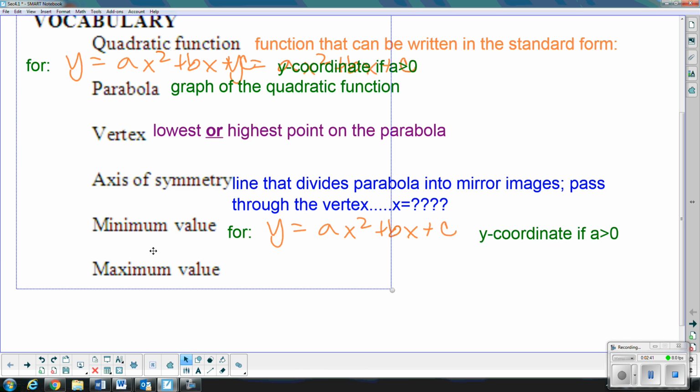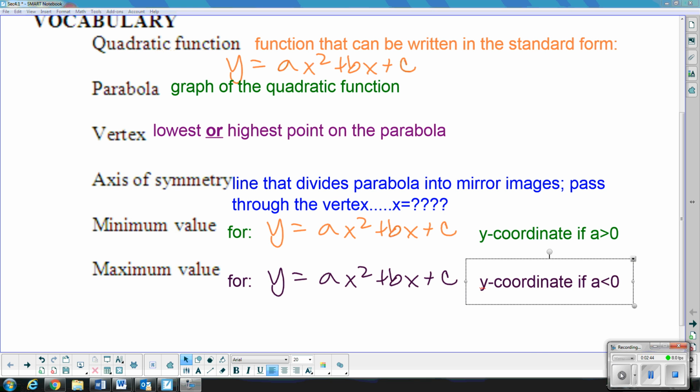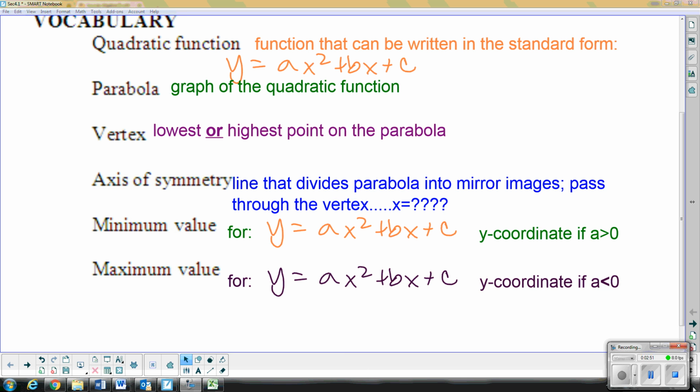The maximum value is that same quadratic standard function, but you're looking at the y coordinate, and if a is less than 0, you're going to have a maximum value. Because for the maximum value, your graph has to be opening down forever, and for your minimum value, your graph has to be opening up.